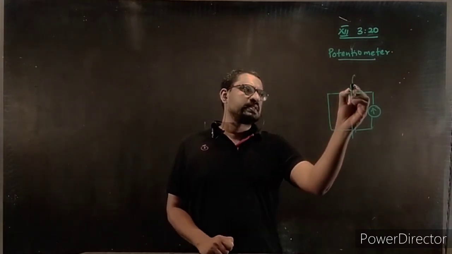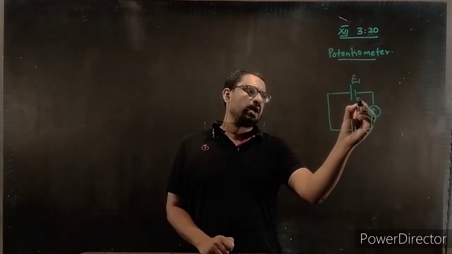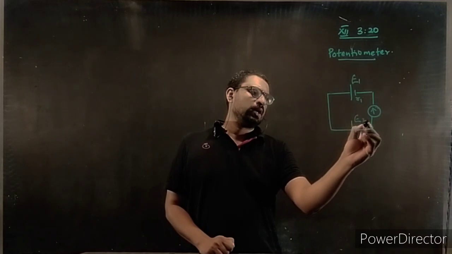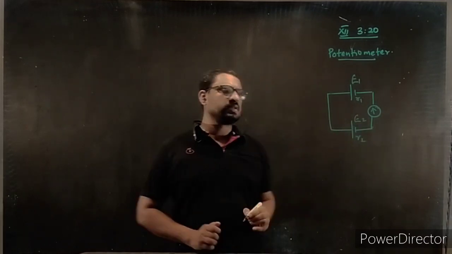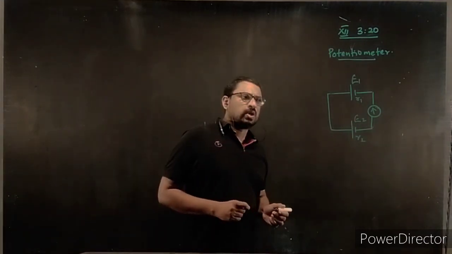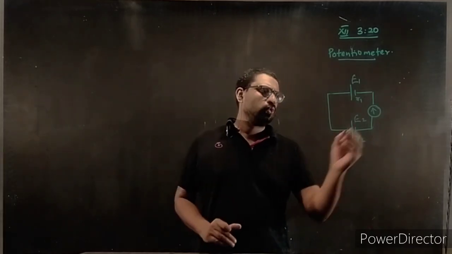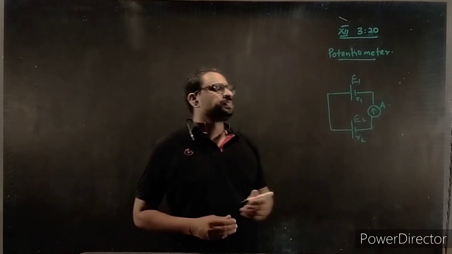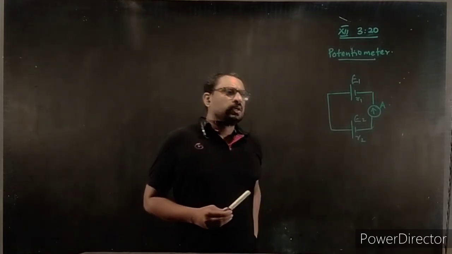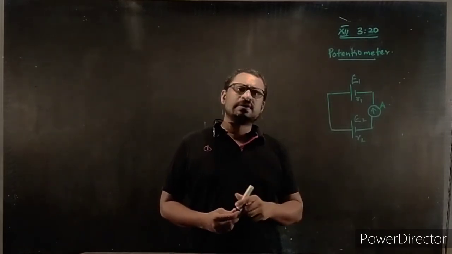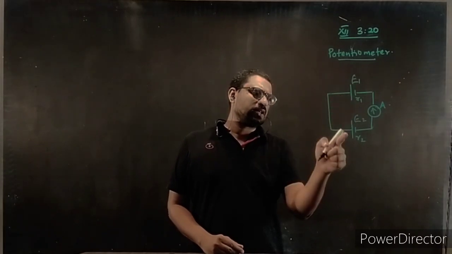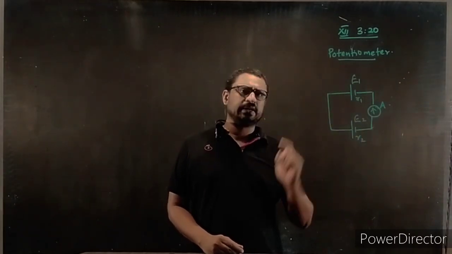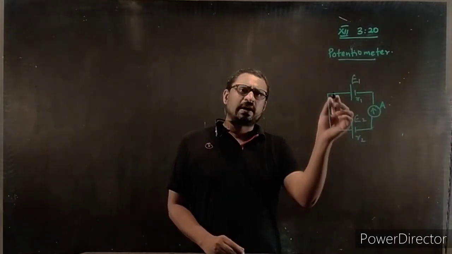One is having cell E1, internal resistance R1, and the other E2, internal resistance R2. Now this is a galvanometer or ammeter, whatever it be. In this connection, positive is connected to positive and negative connected to negative, so they will be counteracting.